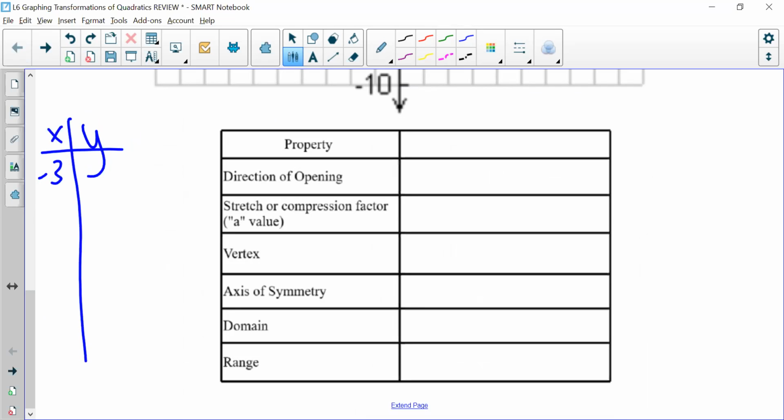So -3, 9; -2, 4; -1, 1; 0, 0; 1, 1; 2, 4; 3, 9, and plot those on your graph.